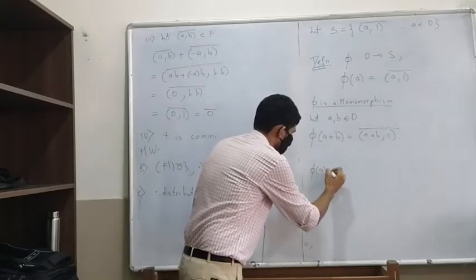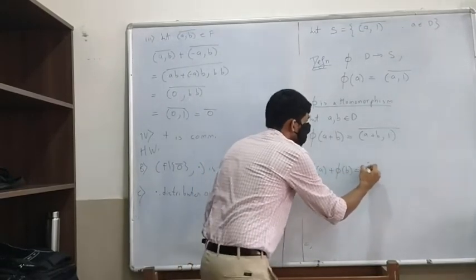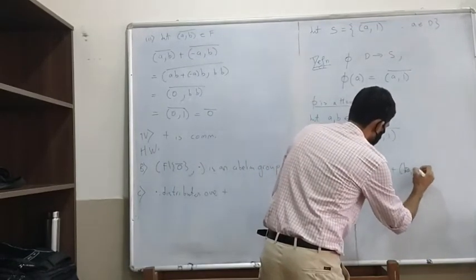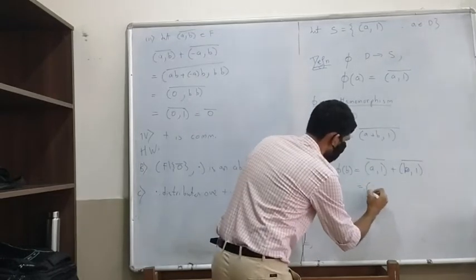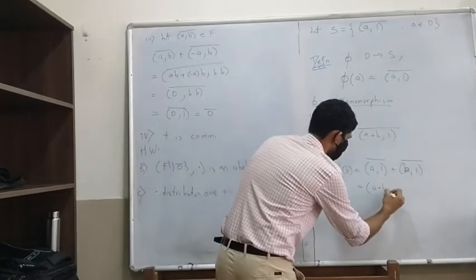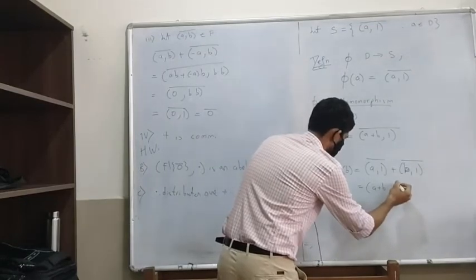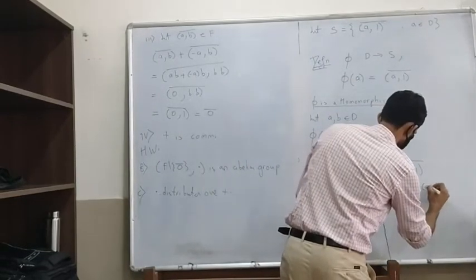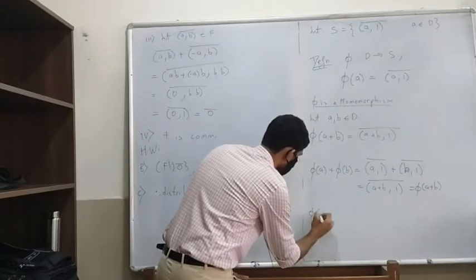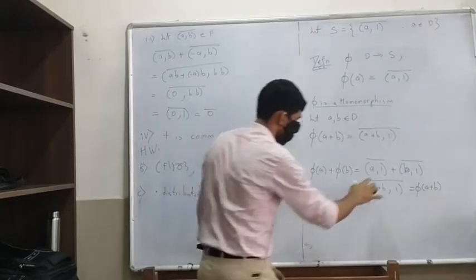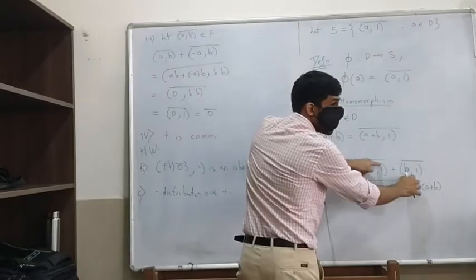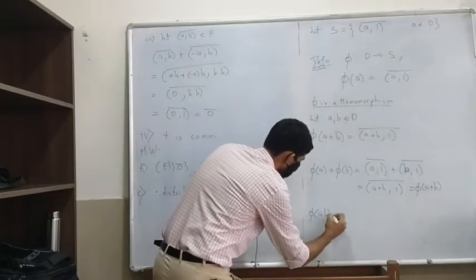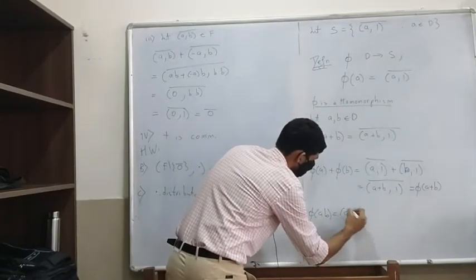What is phi of A plus phi of B? This is (A, 1) bar plus (B, 1) bar, which is (A plus B, 1) bar, which is nothing but phi of A plus B. Similarly, if you look at phi of AB, by definition it is (AB, 1) bar.